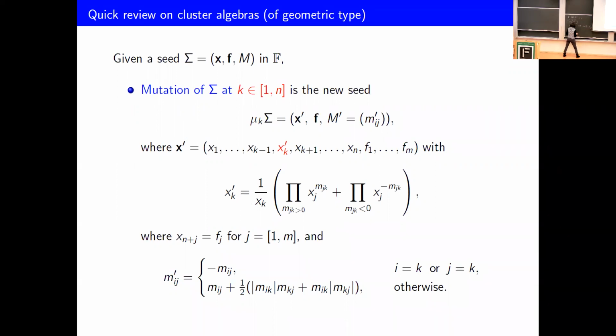They're always there. But for each k in 1 to n, you do a mutation. You only mutate at the spots between 1 and n. For any such k, and given that mutation matrix, you get a new seed, called mu k of this seed.